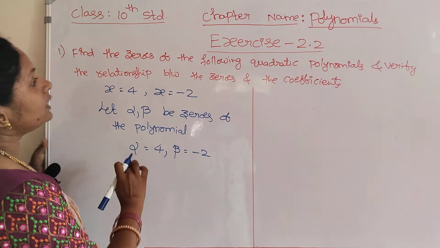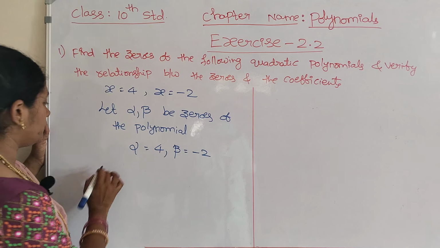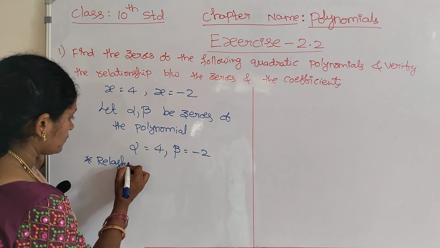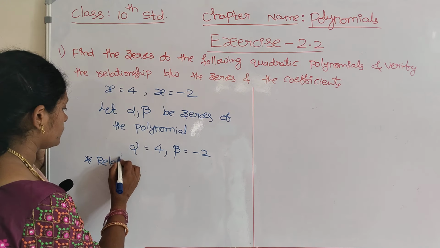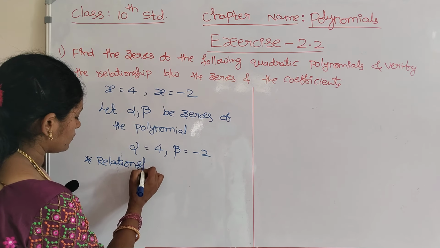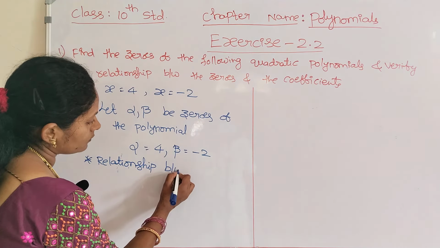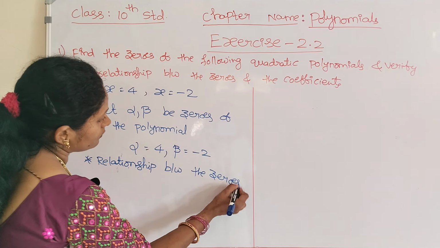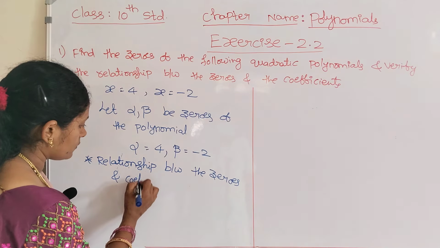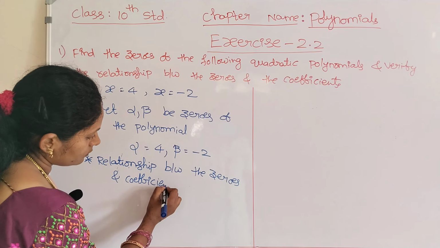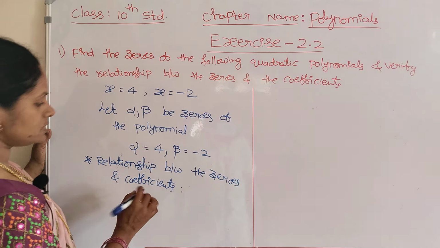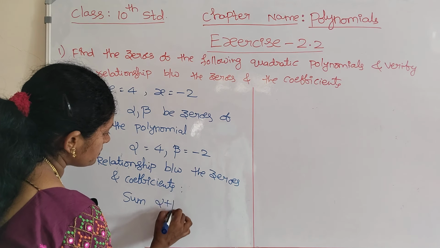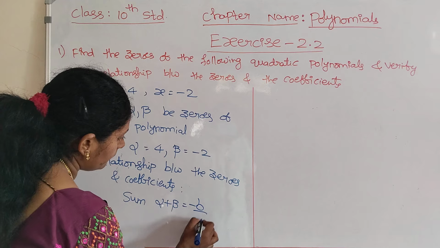Now let us find the relationship between them. We discussed that the sum, alpha plus beta, equals minus b by a.